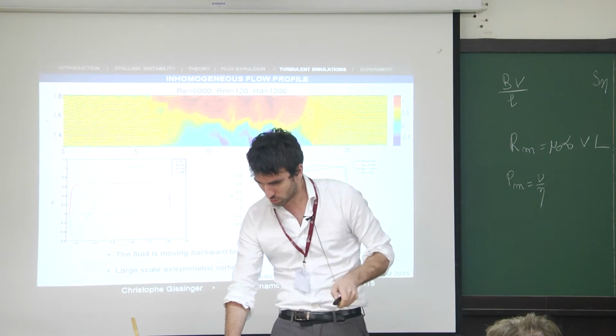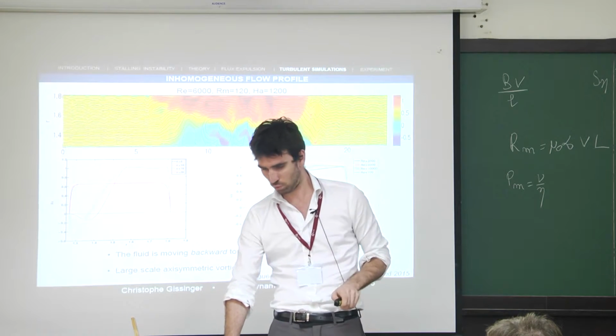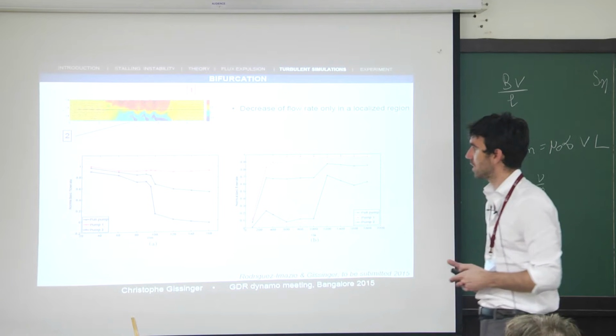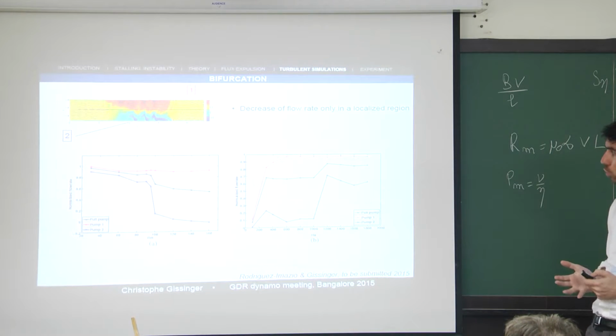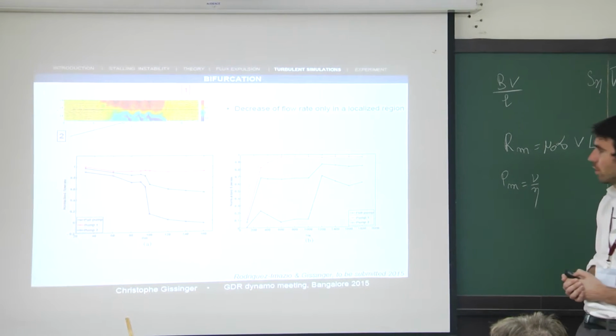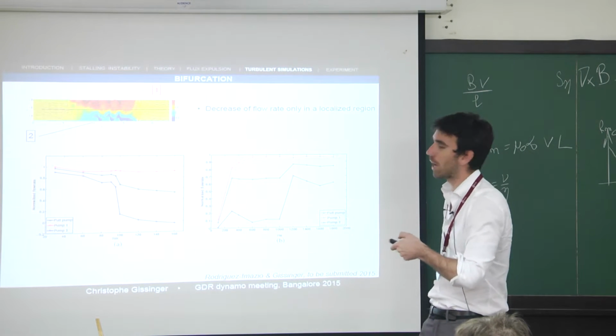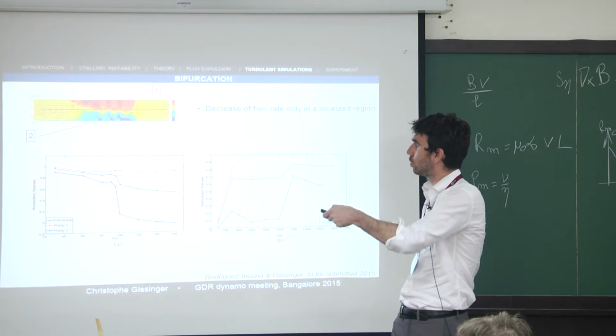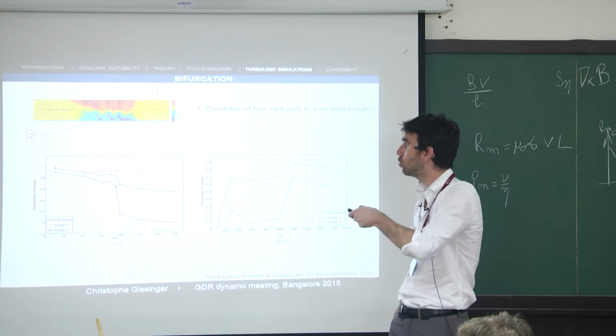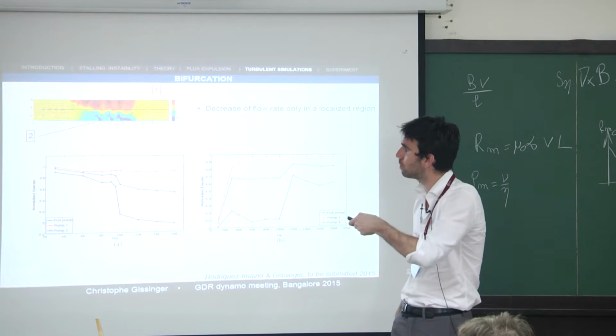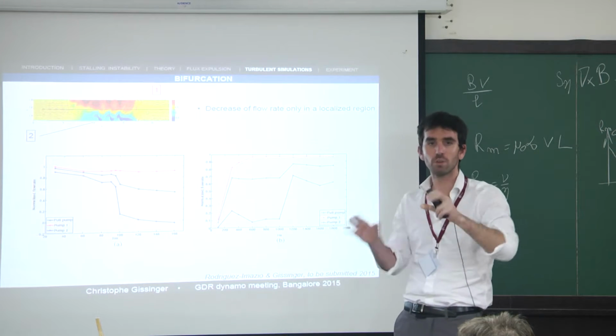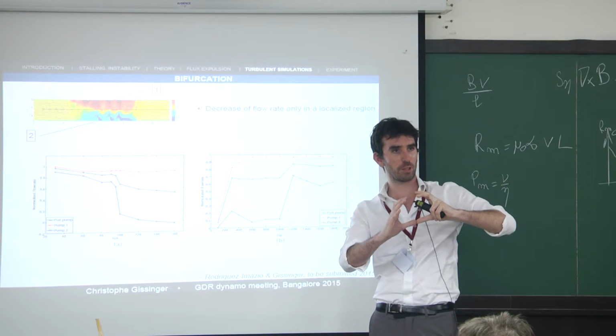So does it mean that the theory we derived for the laminar simulation is completely wrong? Not completely. One way to understand what's going on is to arbitrarily divide the domain into two parts, what I will call pump 2 and pump 1, related to the inner part and the outer part of the pump.